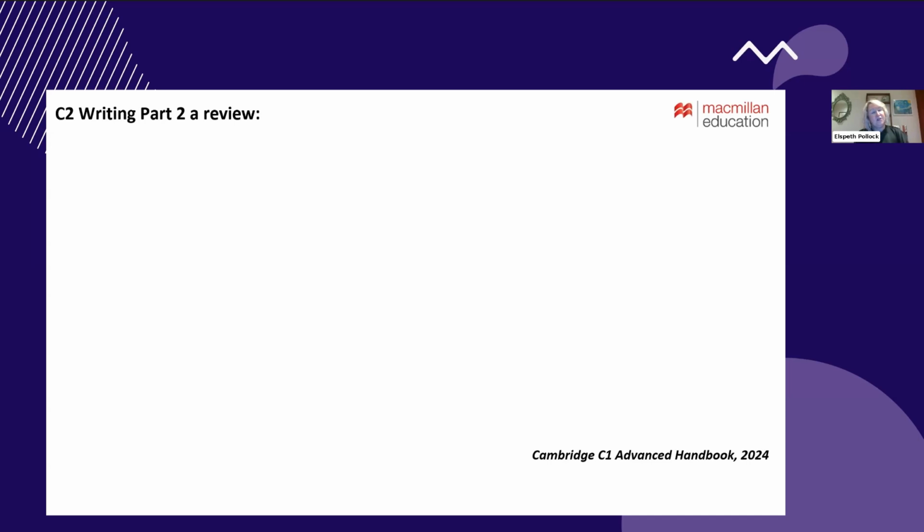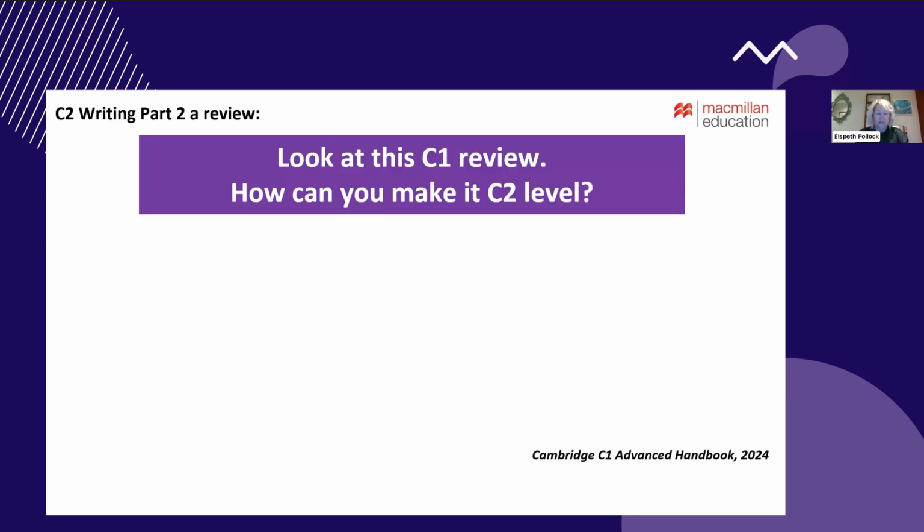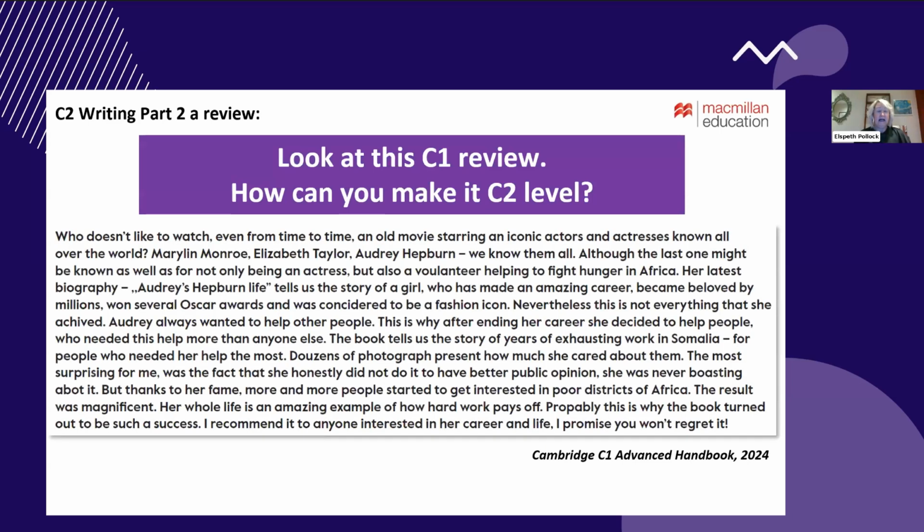So I find a useful exercise to do is to get the previous level model composition. So for example, this one I'm going to show you is a review from the advanced handbook, C1 level. You don't have to read it, it's a lot of text. We look at the review and decide how to make it C2 level.